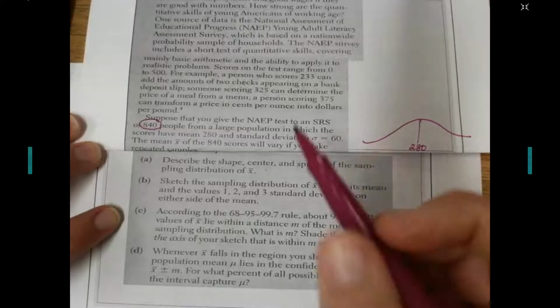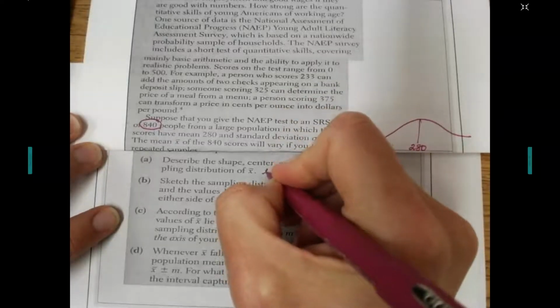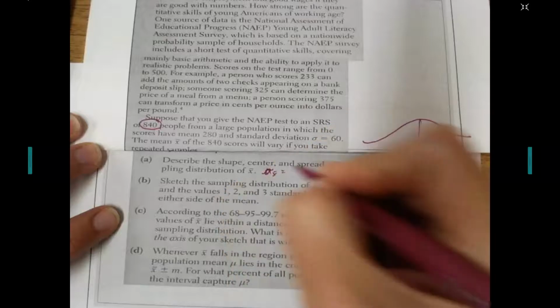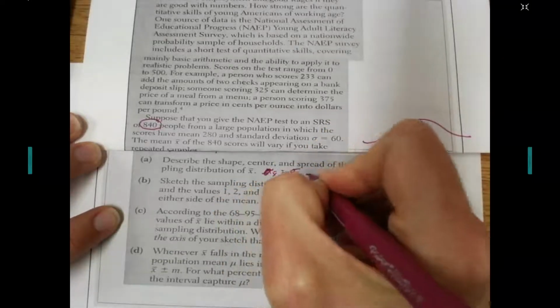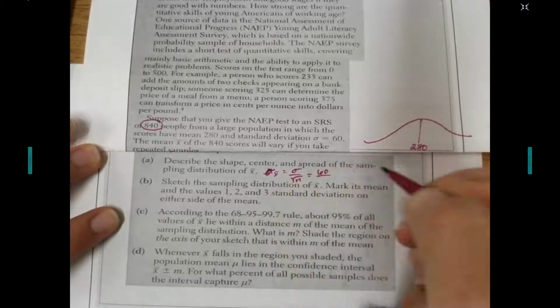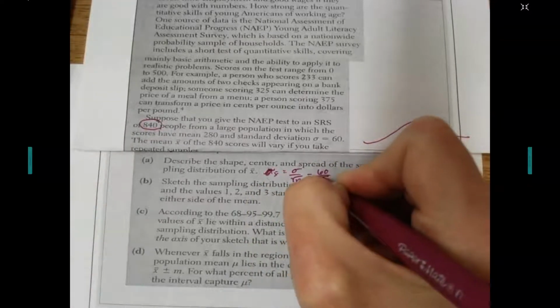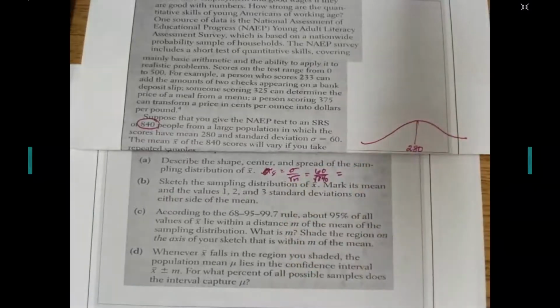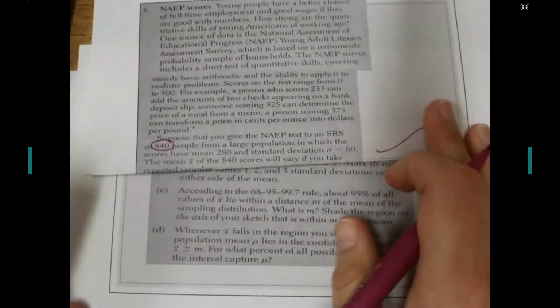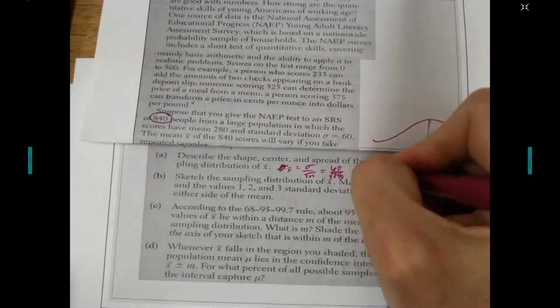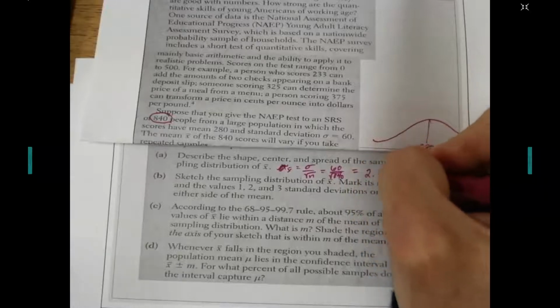And the standard deviation, well, we learned that it should be the population standard deviation divided by the square root of n, right? So the standard deviation here would be 60 divided by the square root of 840. So if we do this on our calculator, 60 divided by the square root of 840, that would be about 2.0702, we'll say.